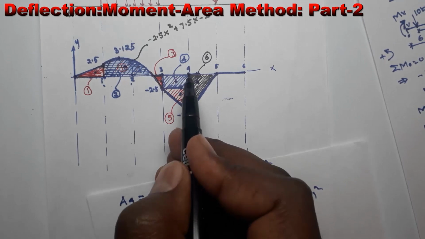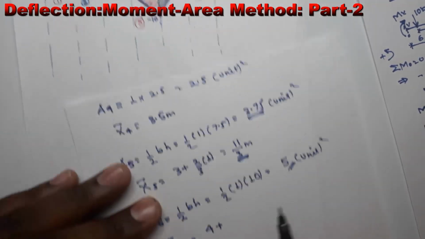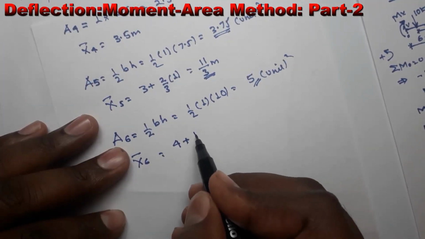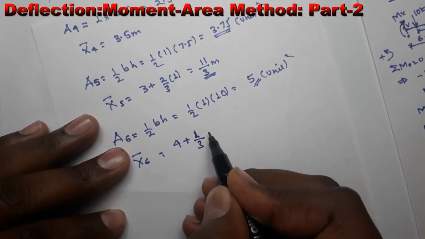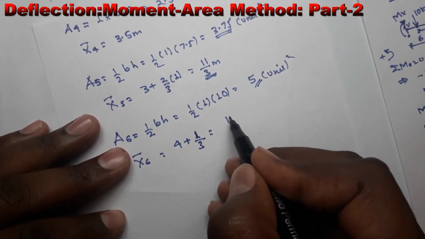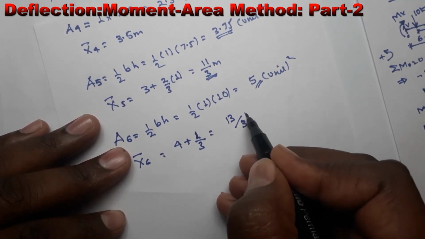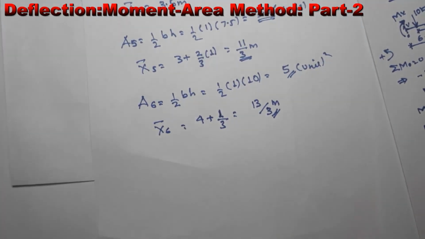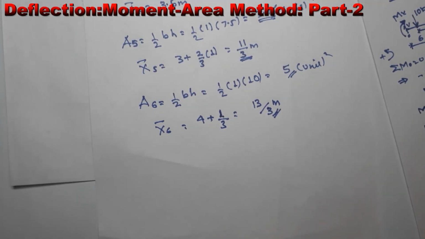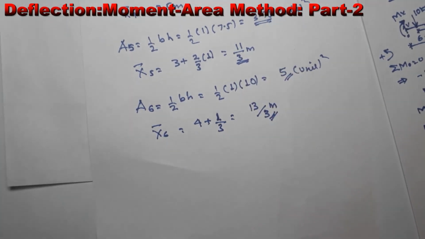So 4 plus 1/3, which is 13/3 meters. So the centroid of each area is determined like this.